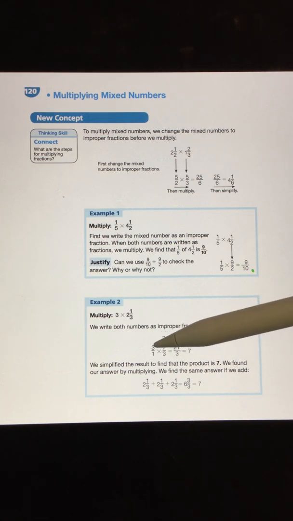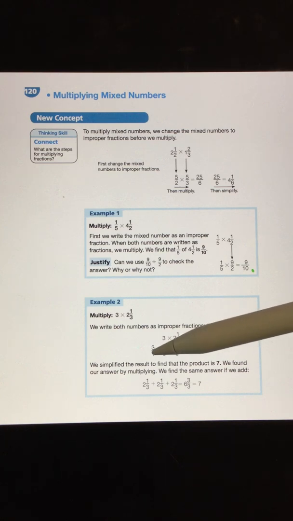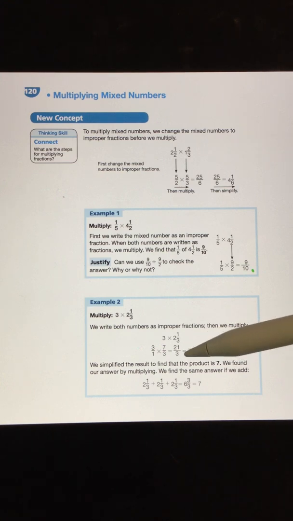So 3 over 1, 3 times 7 is 21, 1 times 3 is 3. Then guess what? I simplify, 3 goes into 21 7 times, and voila, there is your answer. We simplified the result to find what the product is, 7. All right?